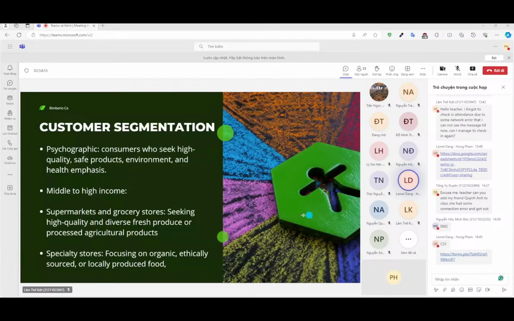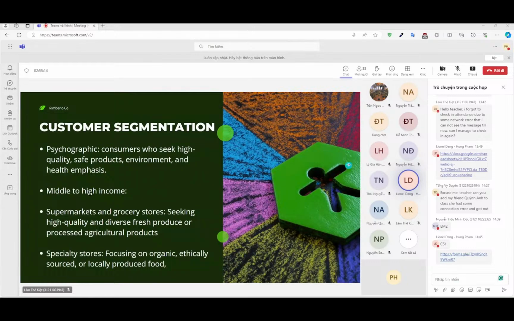Very good. I like that you have one slide about the customer segmentation, meaning that you really bear in mind your customer and you know exactly whom you are selling to. So that is very good. Go to the next slide.